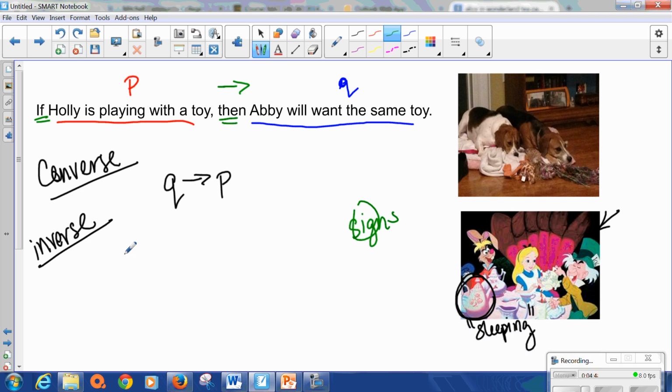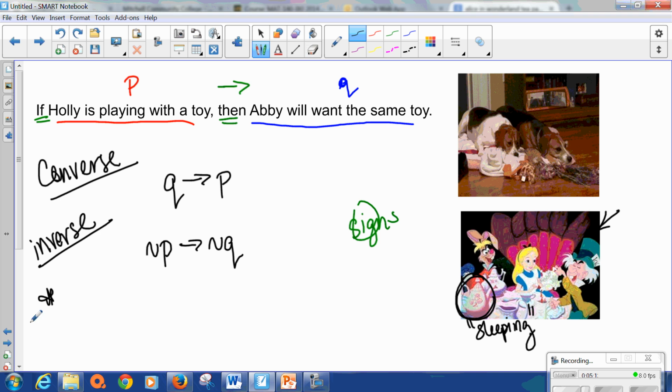No C in signs. So this becomes if not P, then not Q. So if Holly is not playing with the toy, then Abby will not want the same toy. And living in the same house with Holly and Abby, I can say I feel like that's saying the same thing. But we'll look at what the truth tables say.